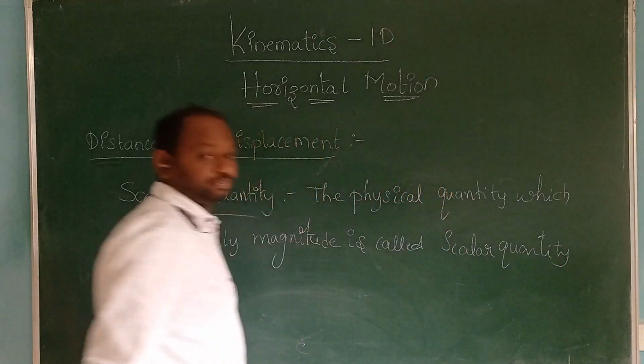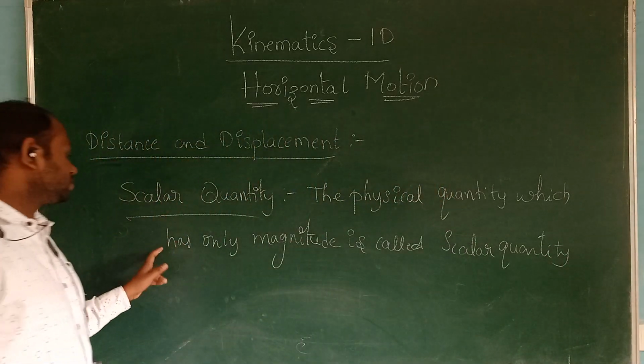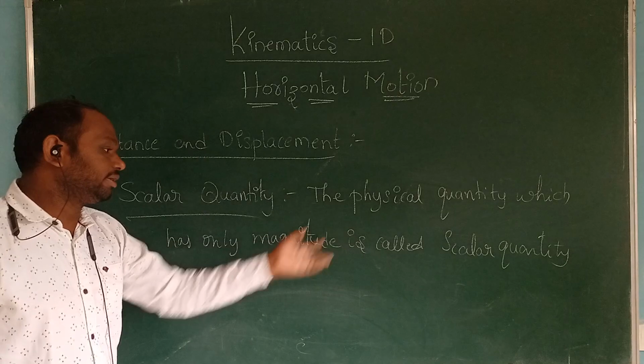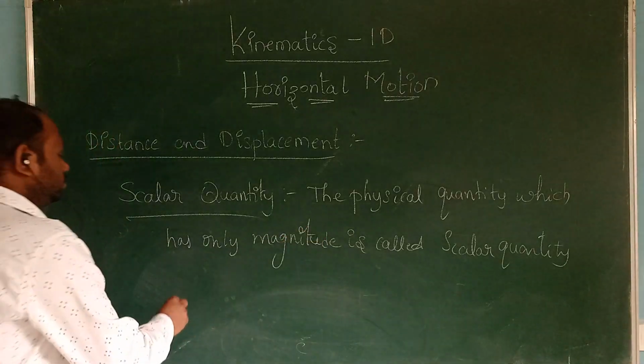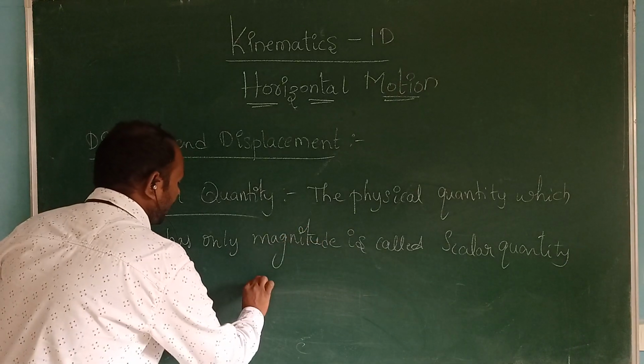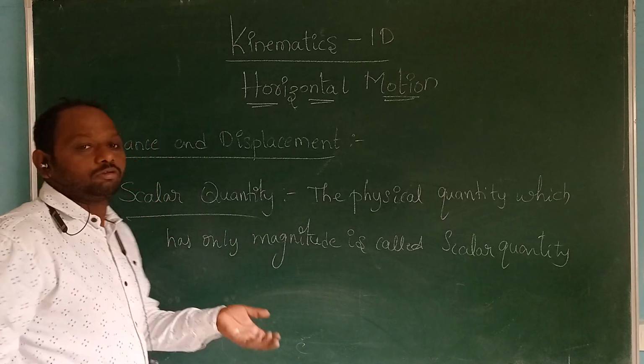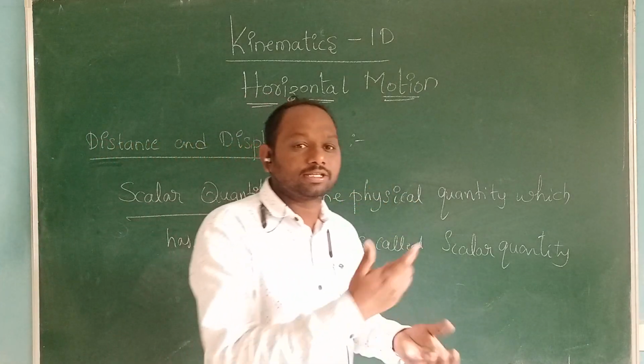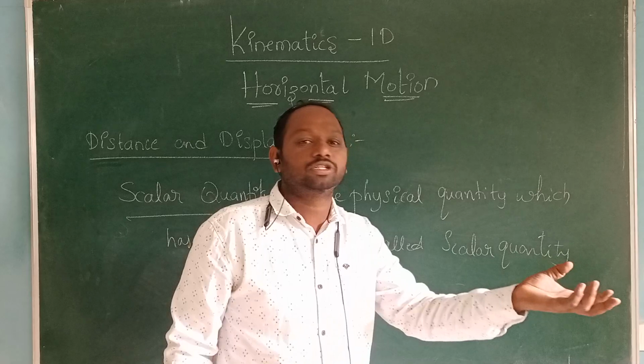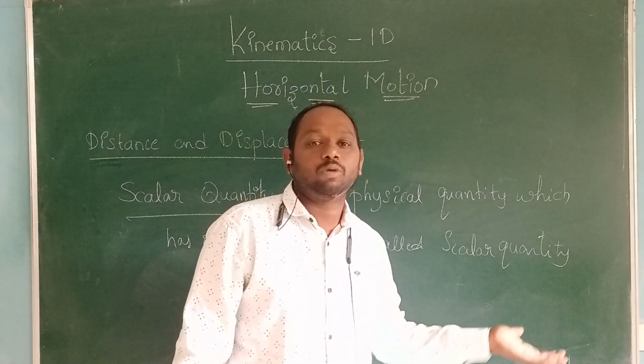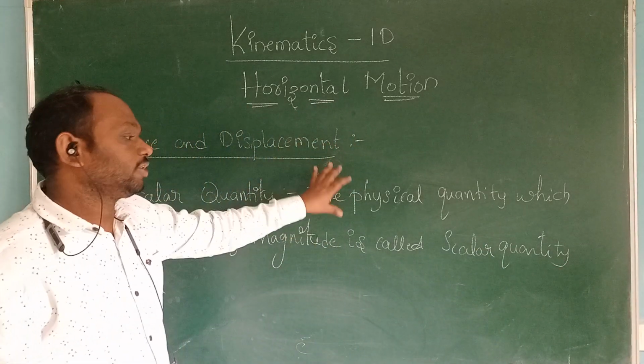The physical quantity which has only magnitude is called a scalar quantity. For example, when we go to the market, we ask: please give 4 kg sugar and 5 kg tomato. We ask only for quantity, so there is no need of direction here.